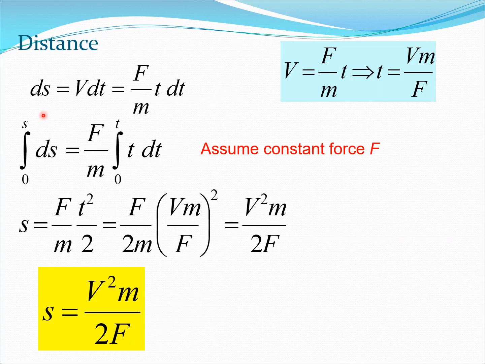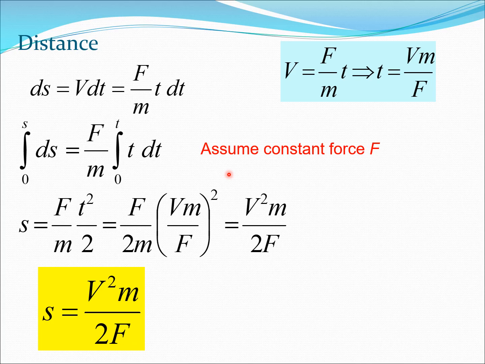From that equation we can also calculate the distance. Remember from basic physics, ds is V dt, and therefore I can write this as F/m t dt. Now using this particular equation, I can write the ds value integrated from 0 to s as this equation here. All I did is integrate the equation on top.